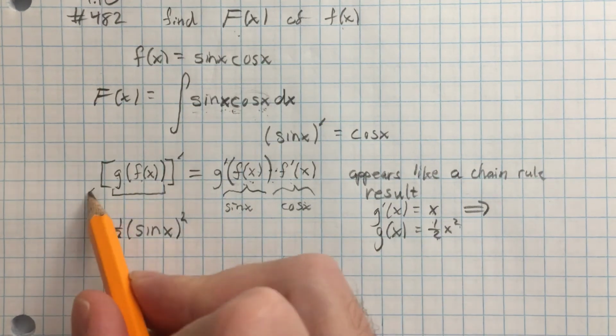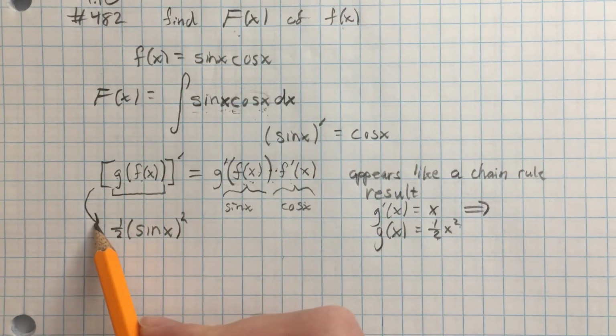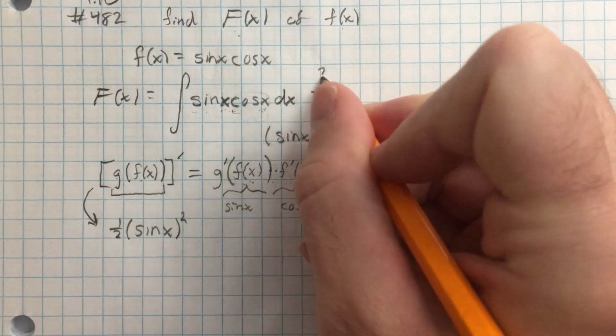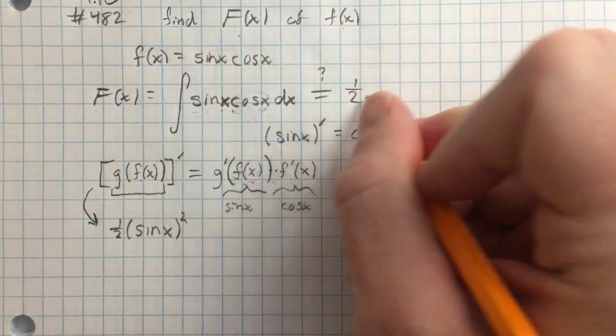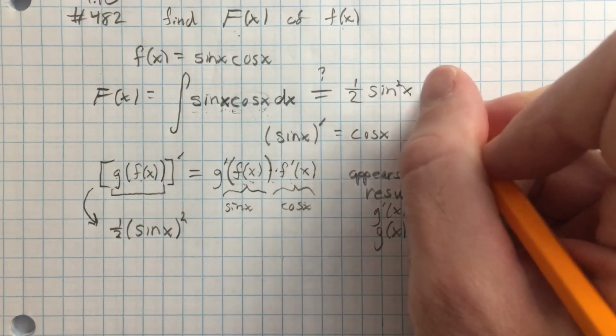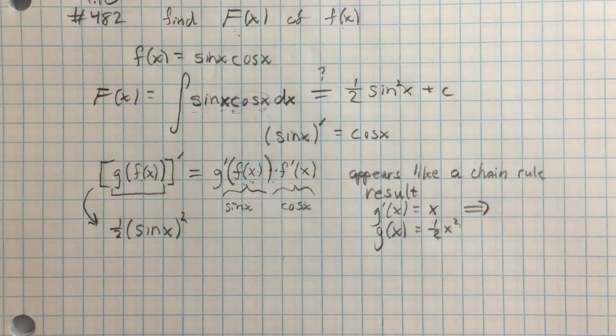Okay? That would be this expression before any derivative was taken. So this is now our guess for the antiderivative: 1/2 sine squared x plus some arbitrary constant c.